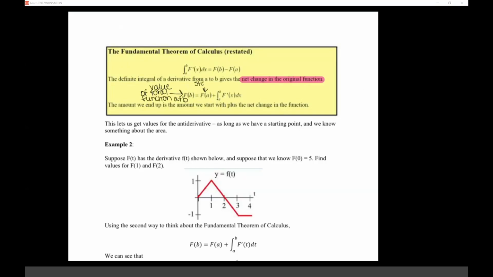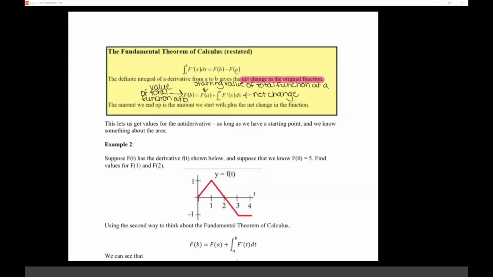So starting value of total function at A, and this is the net change. Okay, so the amount you end up with is the amount you start with, plus the net change in the function. Okay, does that part make sense?